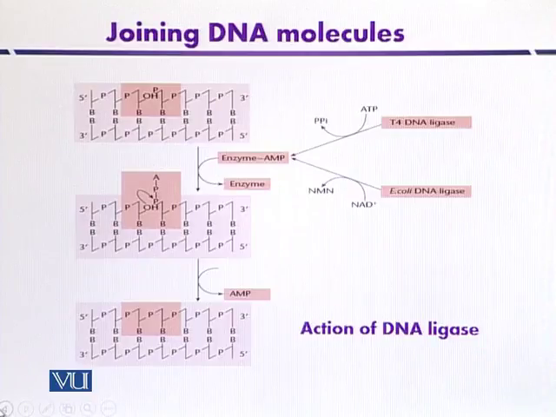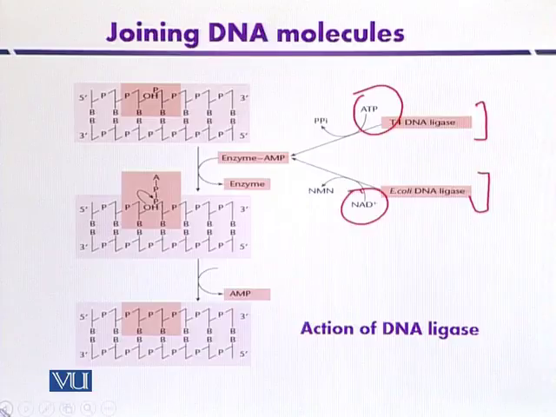There is another diagram indicating the action of T4 DNA ligase and the DNA ligase isolated from E. coli. Their cofactor requirements are different, like ATP for T4 DNA ligase and NAD+ for DNA ligase from E. coli. Both will hydrolyze and an enzyme-AMP complex will be formed here.